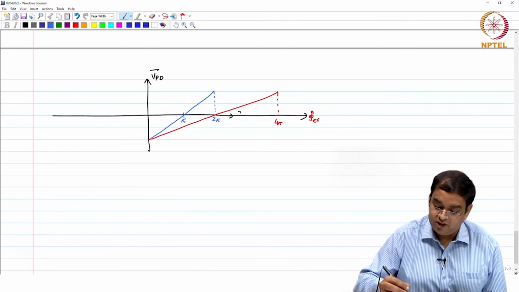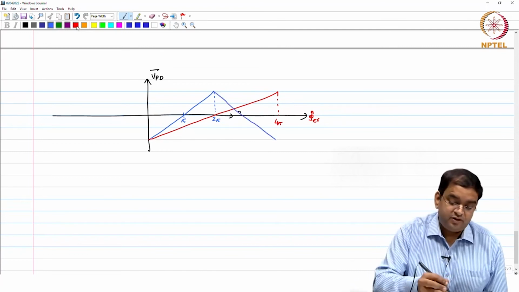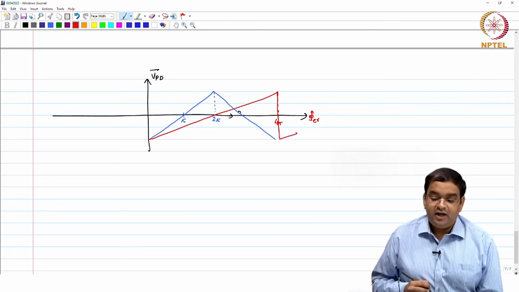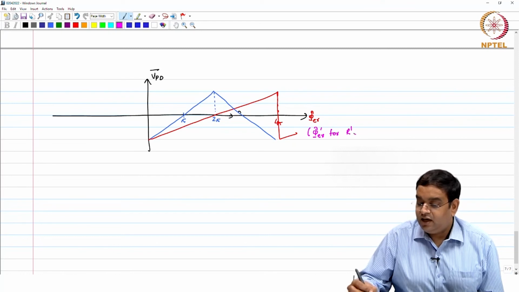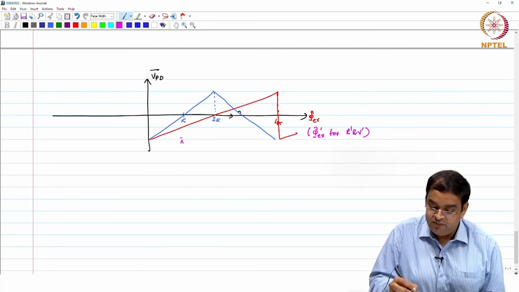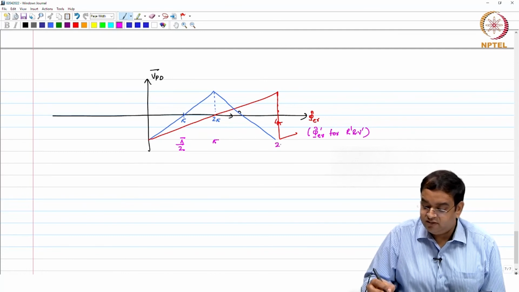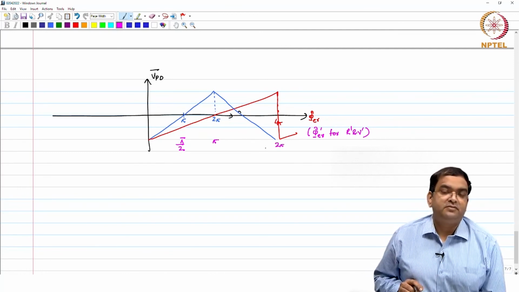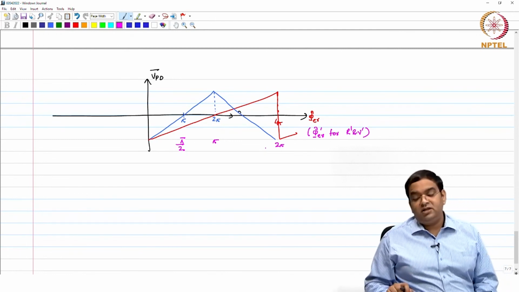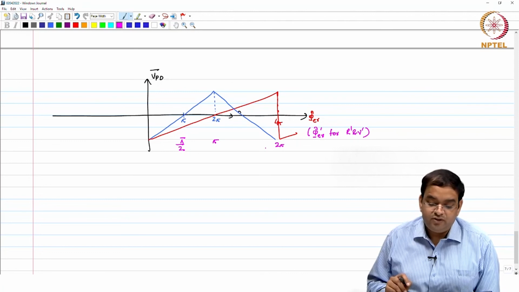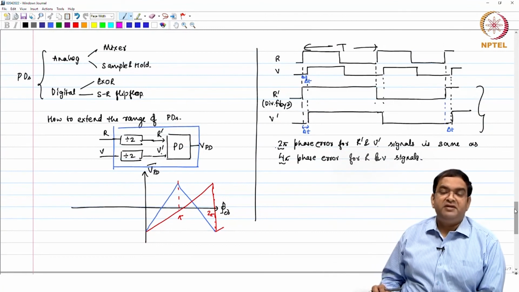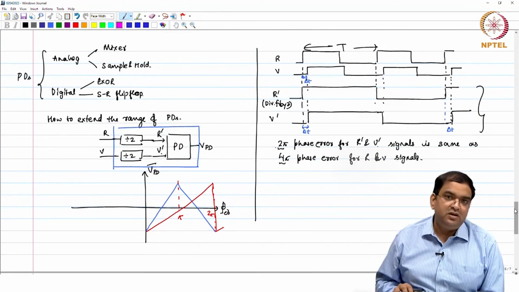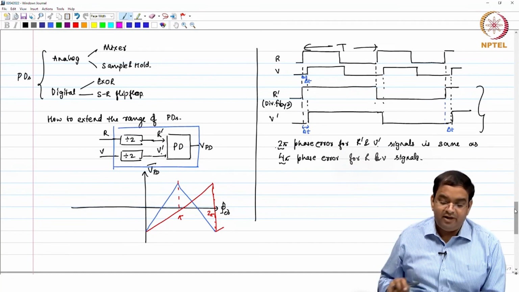This should not come like this, go like this, and the red one is here. Whereas, if you think about it with respect to R dash and V dash, this pi is nothing but pi by 2, this is pi and this is 2 pi. Because we are referring with respect to the original signals, the range gets extended. So, if you want to extend the linear range of the phase error detector in case of these two digital phase error detectors, you can do it by having a divide ratio.